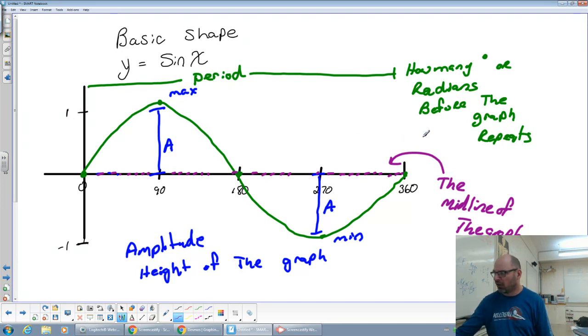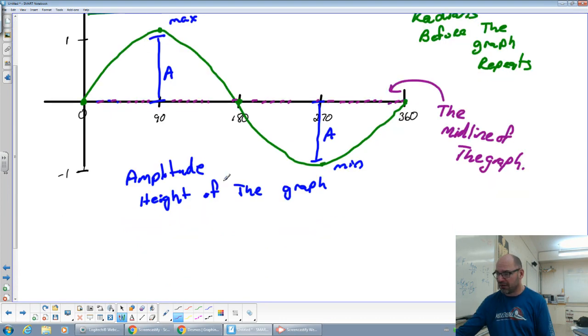Period being how long it takes for it to repeat itself, which would be one full circle, 2 pi radians or 360 degrees. Maximum and min are the highest and lowest values of the graph right here. And of course, the height of the graph we'll call the amplitude, from a max to the midline, or from a min to the midline.